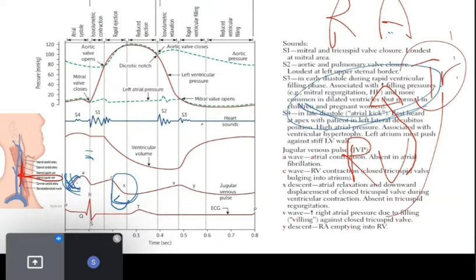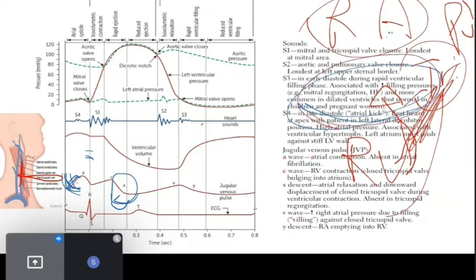Here you have the systole. The right ventricle should push the blood to the pulmonary artery, but instead of going to the pulmonary artery, it will also go to the right atrium, because the valve is open, and it's abnormal. This happens in tricuspid regurgitation.